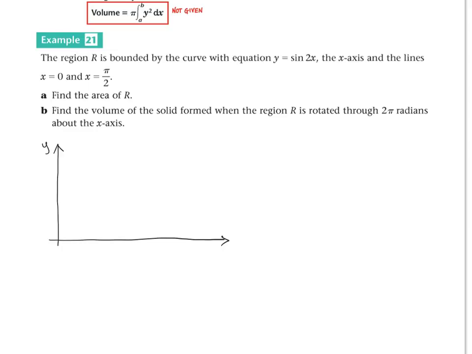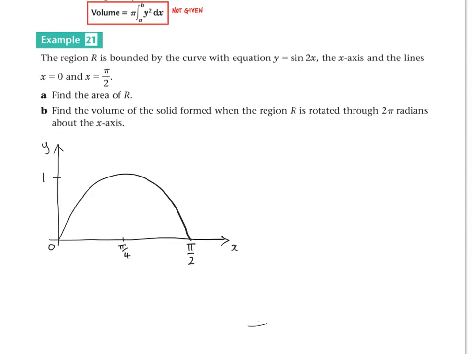This is starting at 0. So this is going to be at pi by 2, up to there is pi by 4, and it's going to have a maximum at 1. That's what it's going to look like.